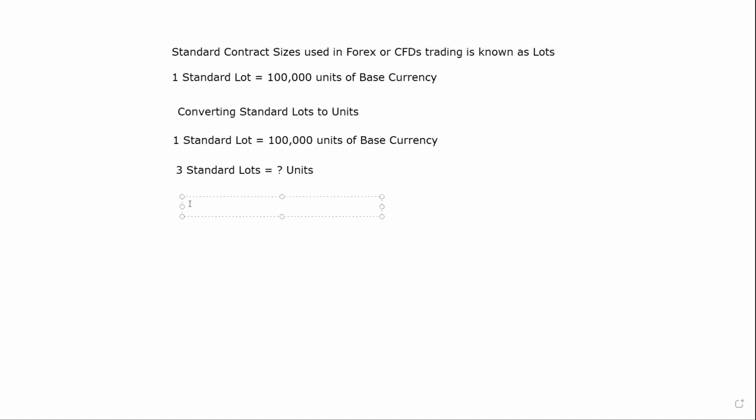As we know, one standard lot, and we have to figure out three standard lots.